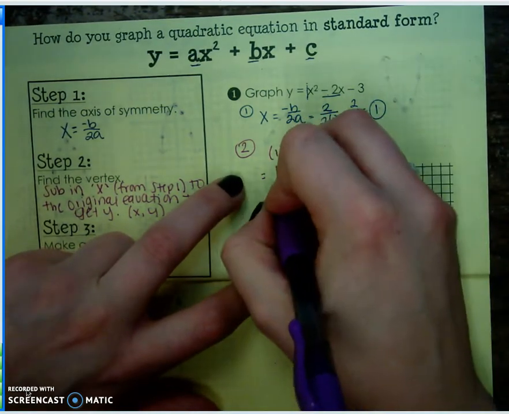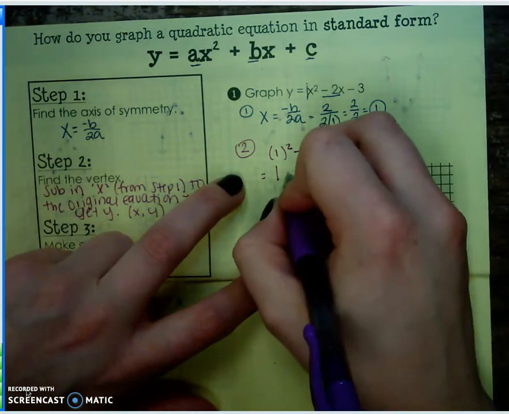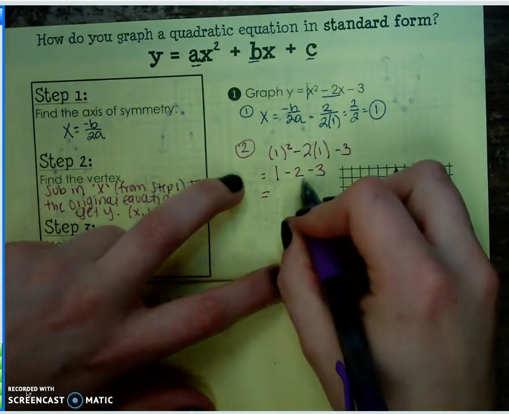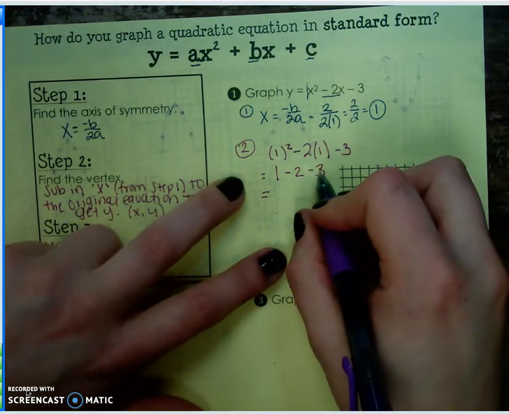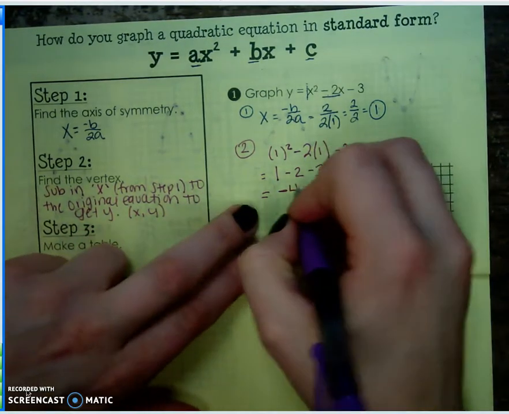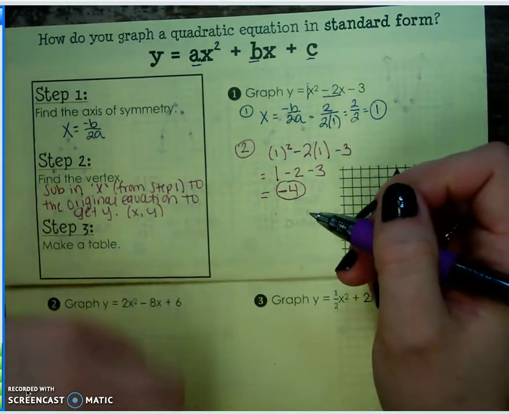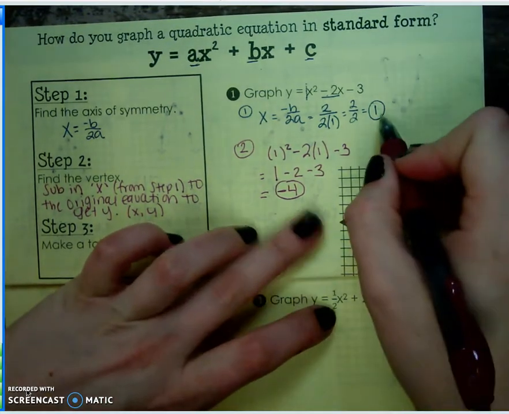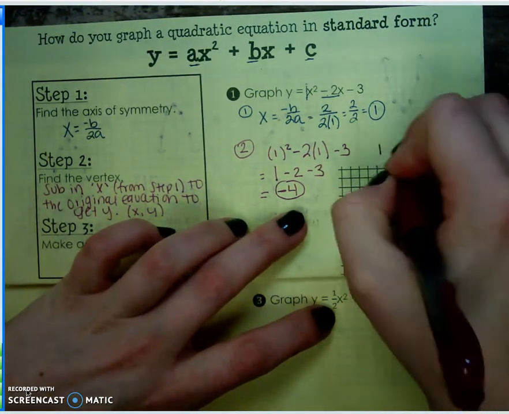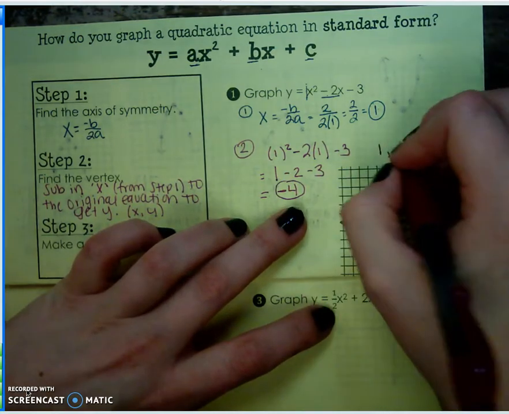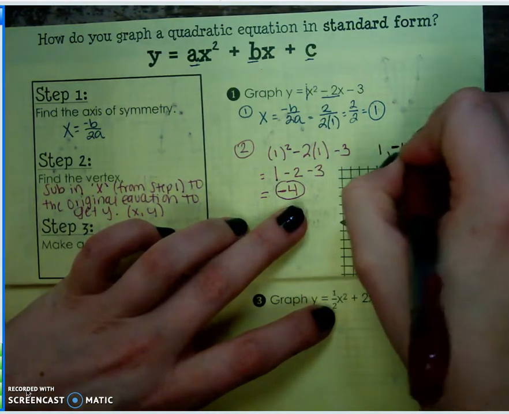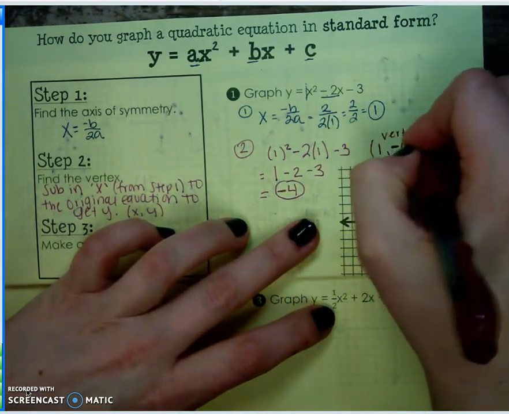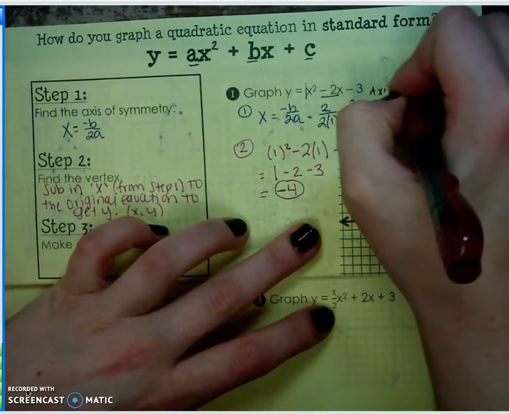So 1 squared is 1, negative 2 times 1 is negative 2, and then minus 3. 1 minus 2 is negative 1, minus 3 more is negative 4. Okay? So our vertex we just found: the x is 1 and the y is negative 4. So this is the vertex. This is our axis of symmetry.